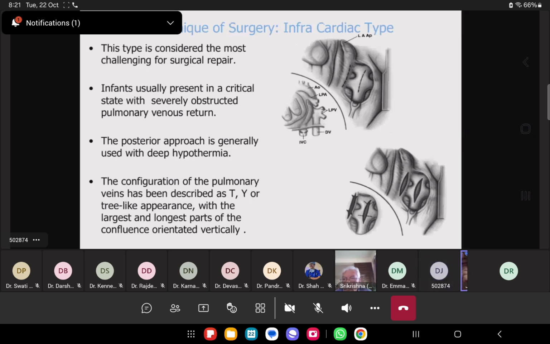In a supracardiac type of TAPVC, the oxygenated blood from the superior vena cava, because of the connection to the vertical vein, has a higher saturation, so that is streamed into the right ventricle, and the blood from the inferior vena cava goes through the ASD because of the valve.